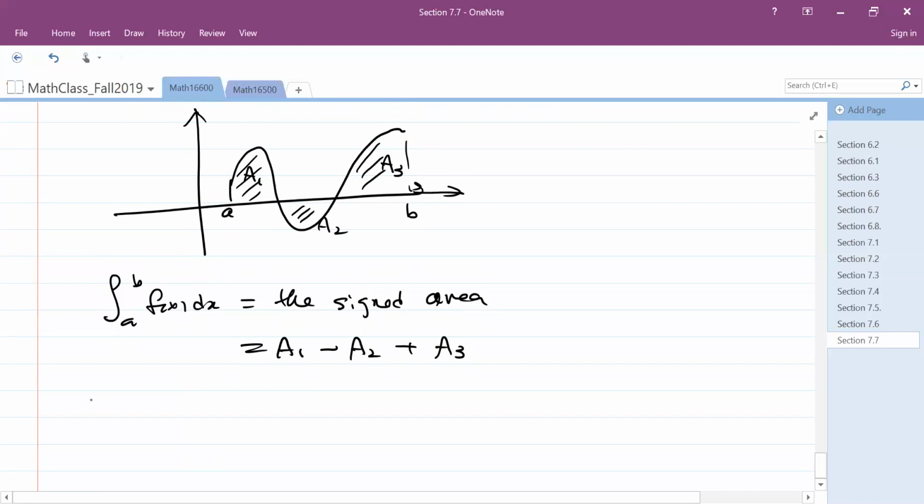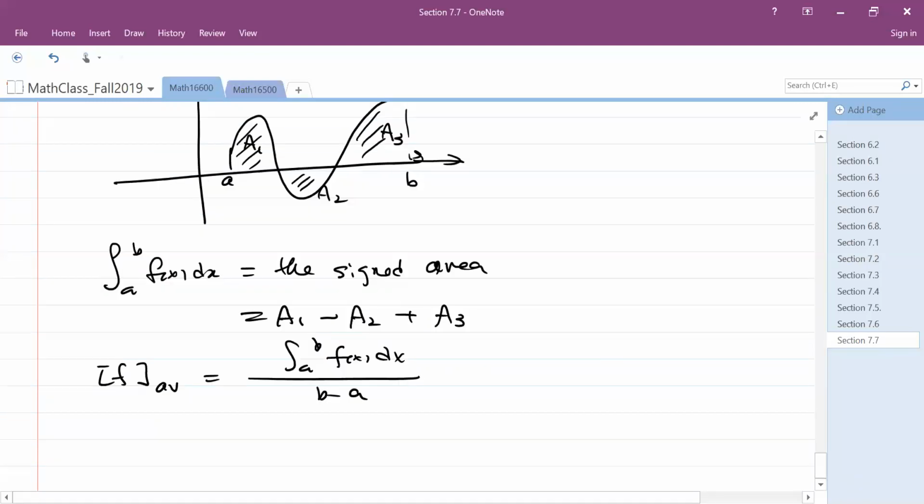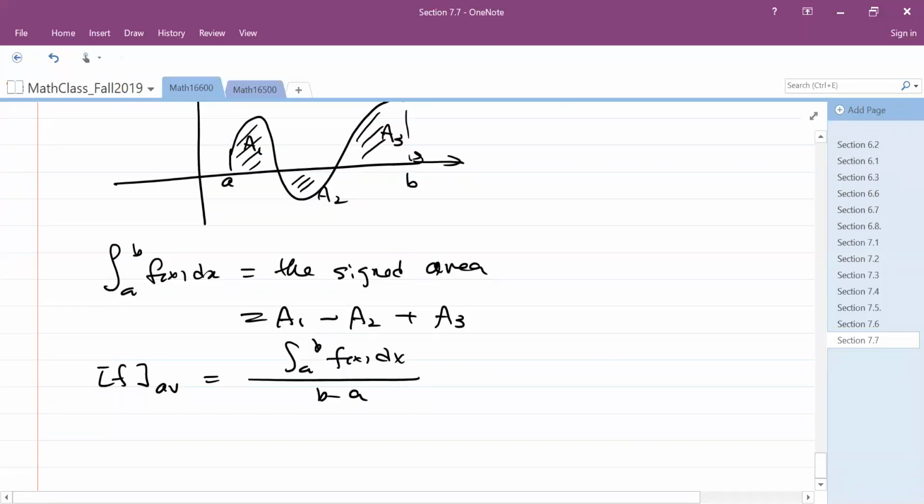The average value is going to be the integral of this function divided by b minus a. Okay. Yeah, we want to know the average value because the function itself, as a quantity, changes every day, right? We have to use numbers to describe it.